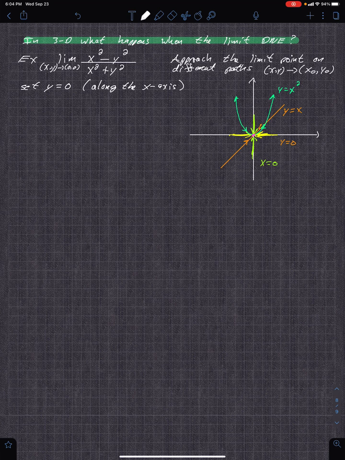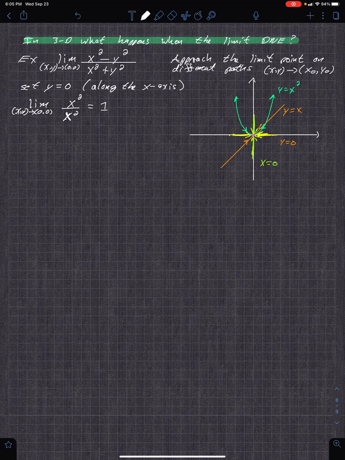When you do that, you get the limit as xy approaches 0, 0 of x squared over x squared, which is equal to 1. I said y squared, I meant x squared. So when you substitute in 0, you get x squared over x squared, which is always 1. You don't even do the limit or plug it in, right?